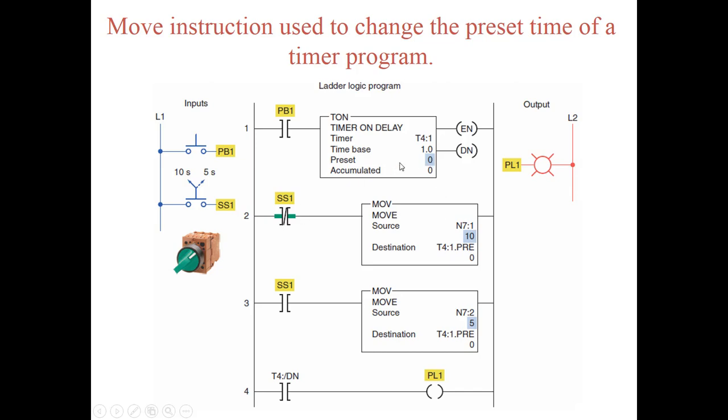So if this is true, we've made ourselves a 10-second timer. If we click the switch, then this goes false and this goes true, and what it does is it moves a value of 5 into the preset. And so now we've got a 5-second timer. So we might alternate between wanting a 10-second timer or a 5-second timer, so that when it became done, it would turn on a light. Okay, so that's a lot of what we're doing today, is moving things like that.